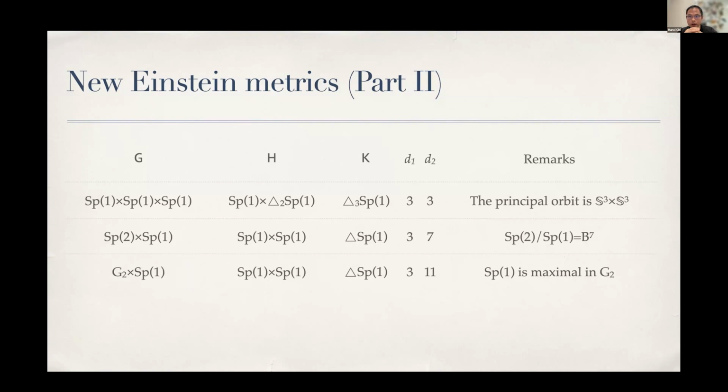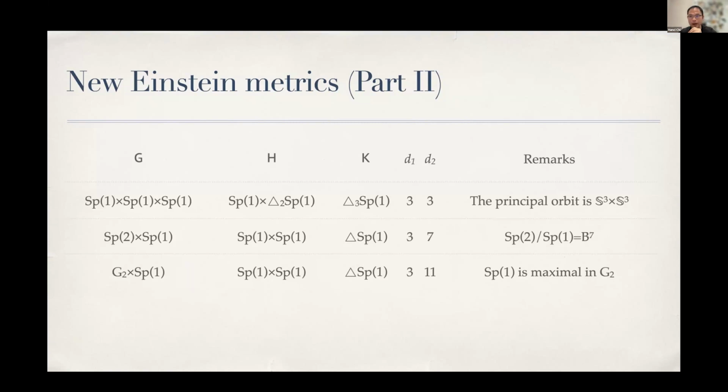It is also worth mentioning that although the principal orbit is a product of two spheres, the product is in the sense of topology, right? It is not a Riemannian product. In other words, the Riemannian metric is not a product of two metrics on S4 and S3. Yet the topological structure is a product.